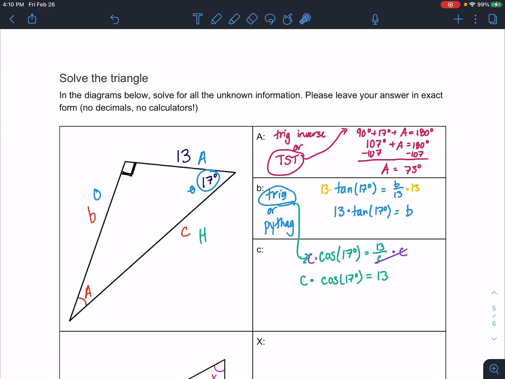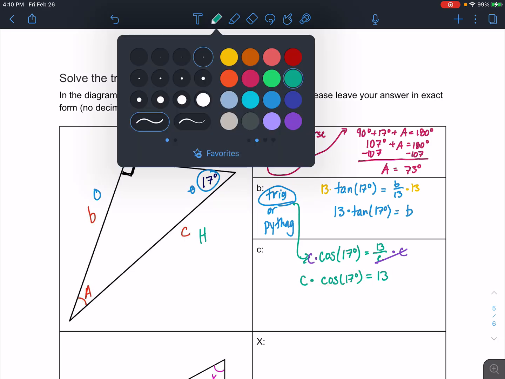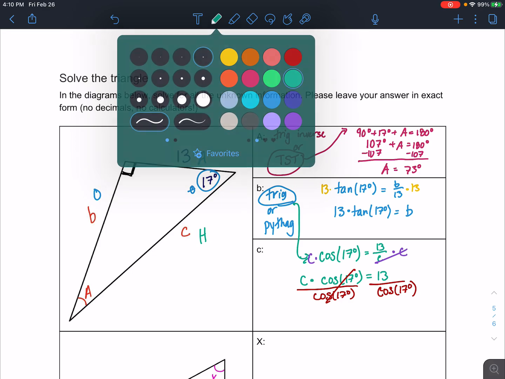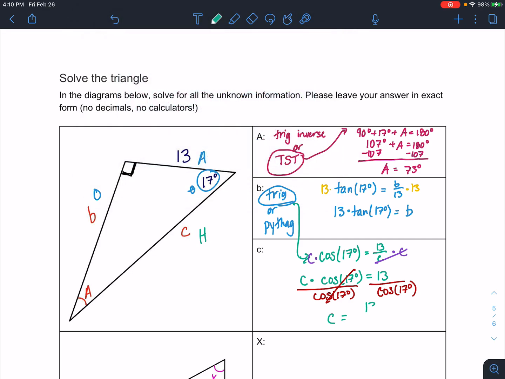So in order to get C by itself, I need to divide by that number, cosine of 17 degrees. Whatever I do to one side, I must do to the other. So in the end, I find that C is 13 divided by the cosine of 17 degrees. And there we go.